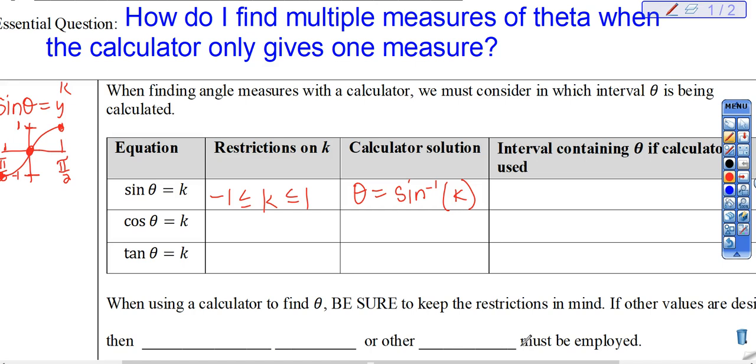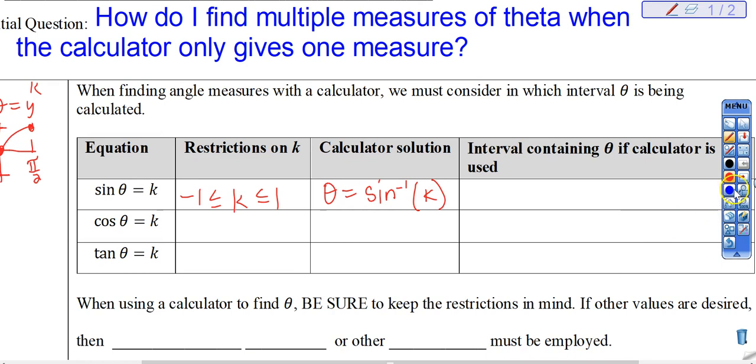Calculator won't give you answers in quadrant 3. So for the sine function, the calculator is going to give you answers over the interval of -90 degrees to 90 degrees, or if we're in radians, from -pi/2 to pi/2. That is sufficient for the calculator, that covers all of the values of k that are possible in the sine function. Okay, so that's the half revolution that I'm talking about.